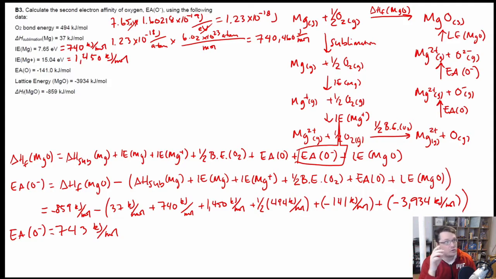Those are all thermodynamically unfavorable processes. But once they're both magnesium 2 plus and O2 minus, and they come together and form that ionic lattice, that forms an extremely stable interaction. And so lattice energy is the thing that really drives the formation of Mg2 plus and O2 minus in these cases.